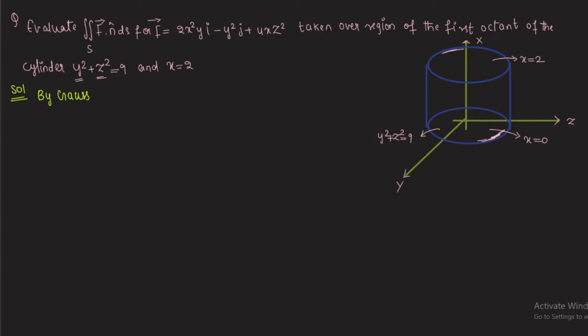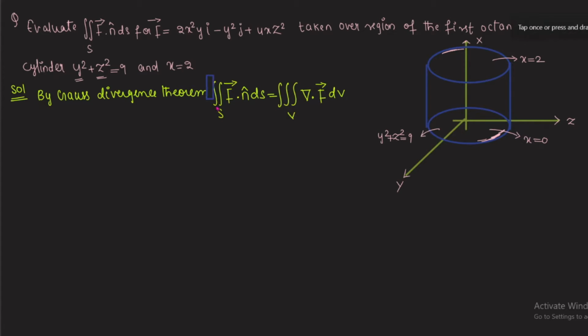By the Gauss divergence theorem, the double integration over the surface of F bar dot n bar dS will become the triple integration over the volume of del dot F bar dV. This is the statement of the Gauss divergence theorem.